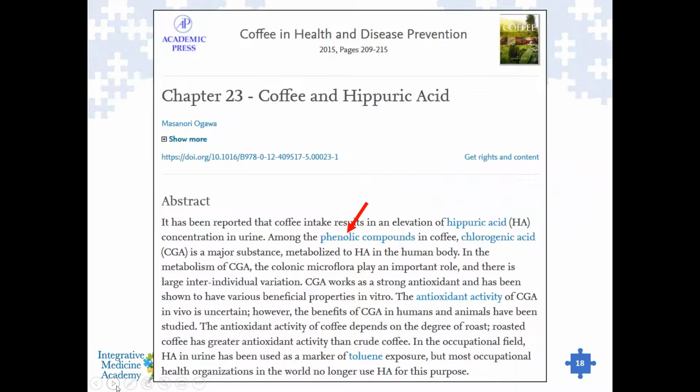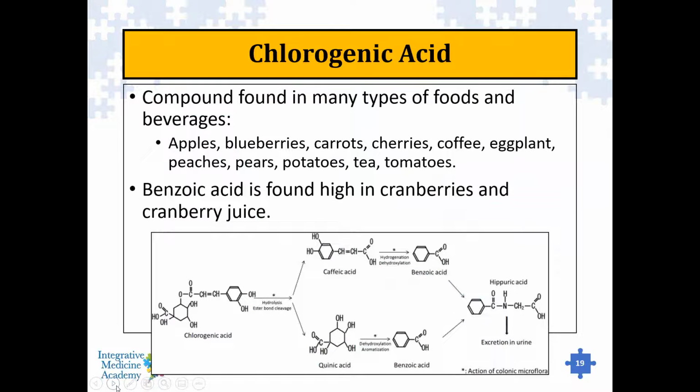And so what you may be looking at when the hippuric is elevated on the organic acid test is increased bacterial activity in the digestive system based on somebody's diet. And it's interesting because chlorogenic acid actually has antioxidant activity. It can be also linked to the consumption of other foods. As I mentioned, coffee, blueberries, cherries, carrots, apples, peaches.